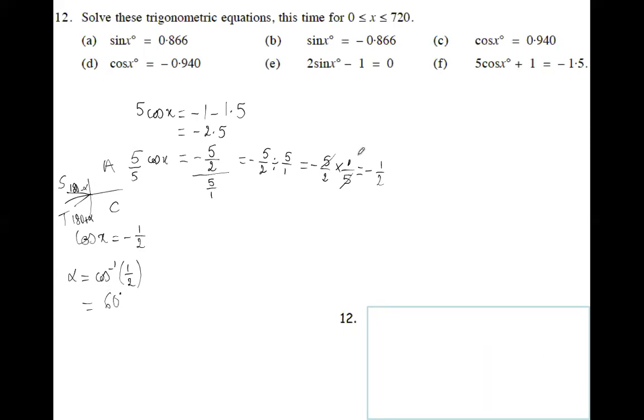So that's alpha. We're not looking for alpha, remember, we're looking for x in the negative. So we need x equal 180 minus 60, which is 120, and x equal 180 plus 60, which is 240, right?